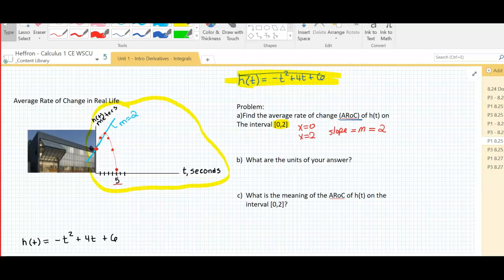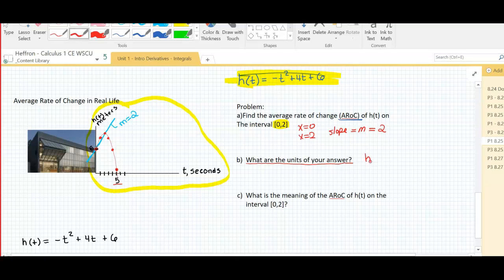So the next thing that I want us all to calculate is what are the units of the answer we just found. And remember, the answer was 2. But I'm going to remind us we found it by saying f of 2, or not really f. We said we were using a height function.